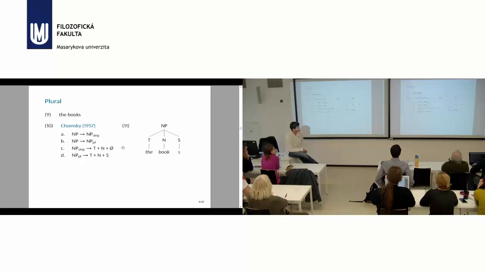Now already in Chomsky's 1957, there was a very interesting rule set for dealing with singular and plural noun phrases. What Chomsky basically said is that there was a rule where you took the empty as an input and you could change it in one of two conceivable ways. You can either turn it into a singular noun phrase or into a plural noun phrase.